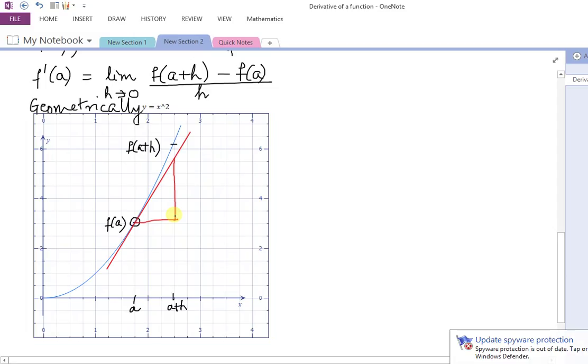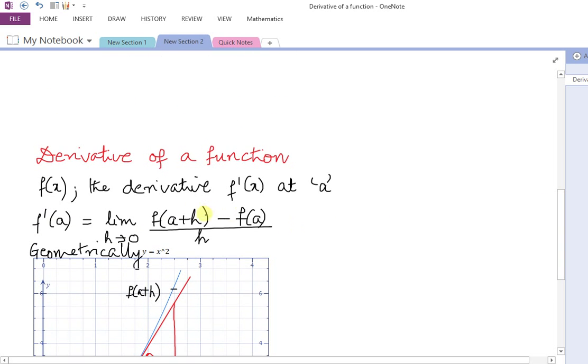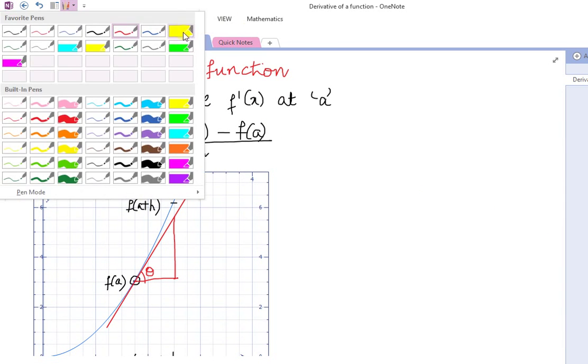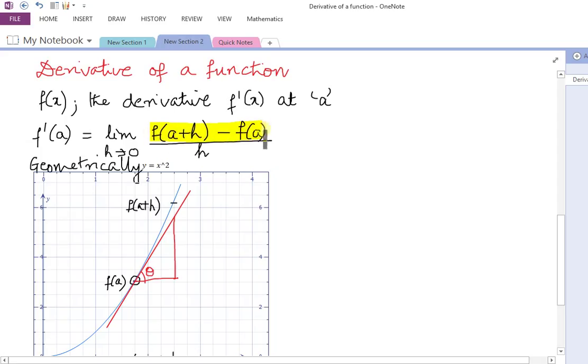Now you see this is a right angle triangle, and if I denote this angle as theta, right, now this formula over here, see, this is the numerator, this is the denominator, is going to give me, in terms of this angle theta, the opposite side divided by the adjacent side.